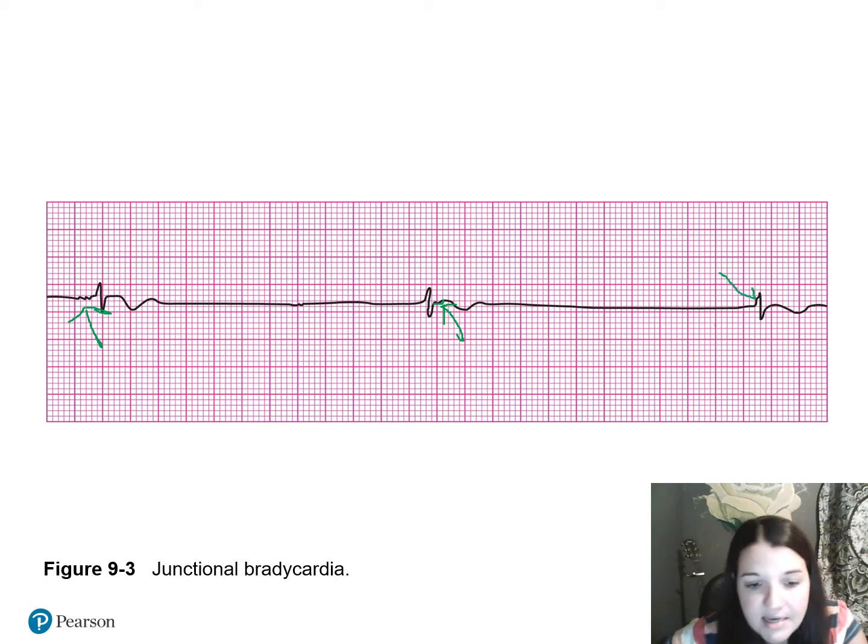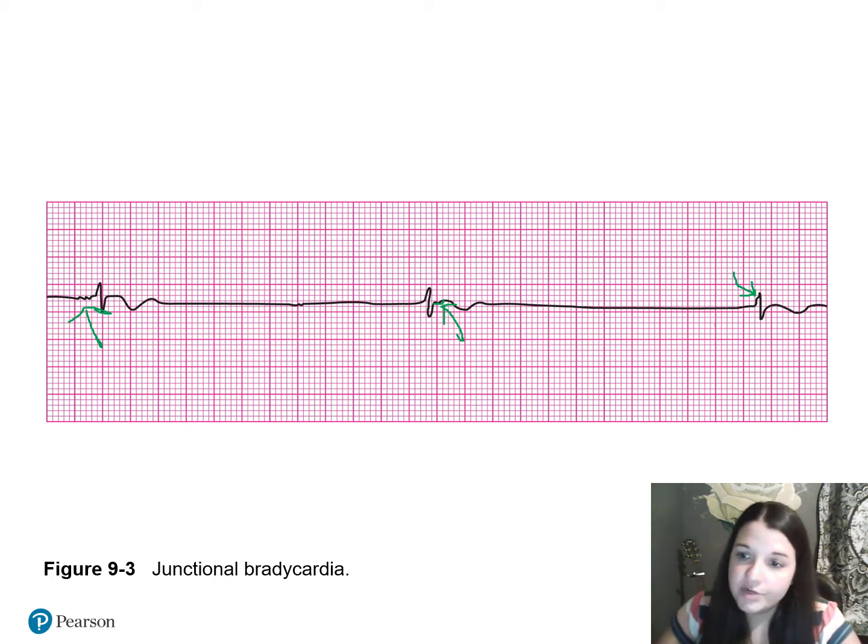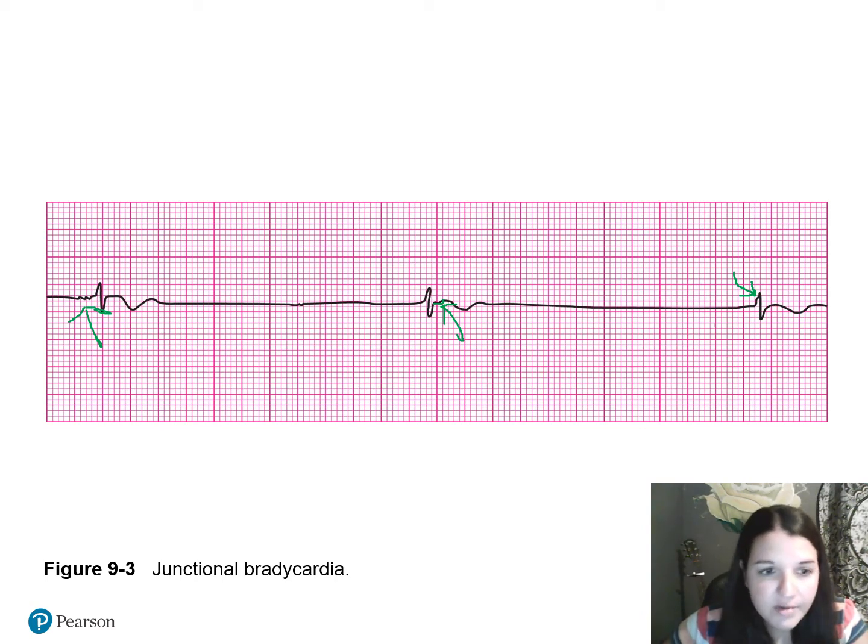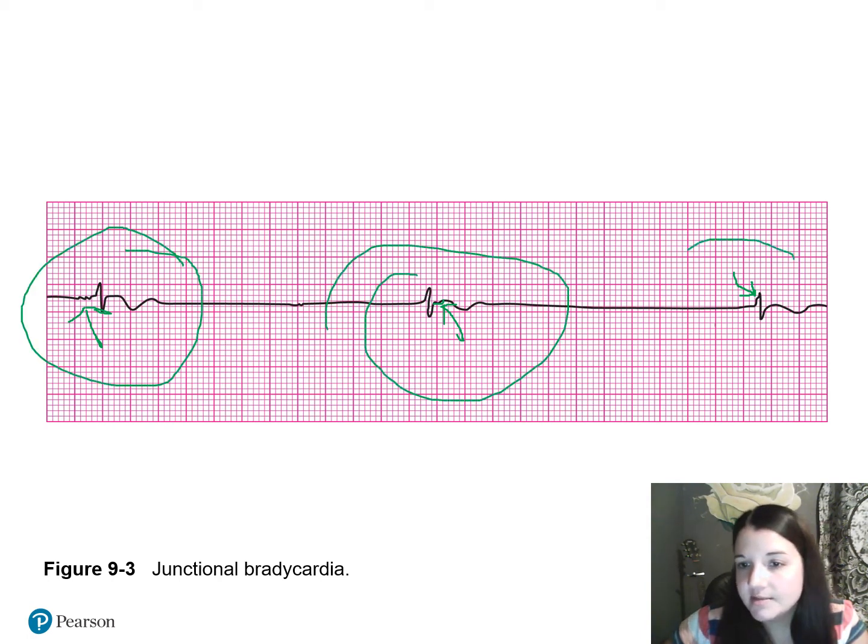You can see it buried in my QRS. See it here? Okay, that's your junctional bradycardia. And just for fun, if we wanted to figure out what the heart rate was, we can tell that this is 30 beats per minute.